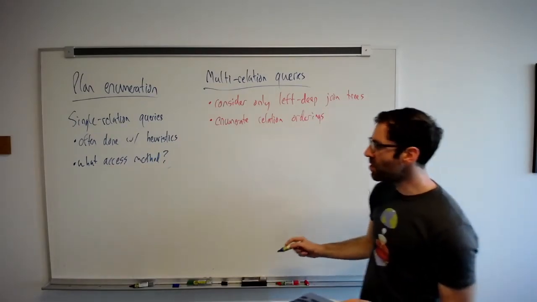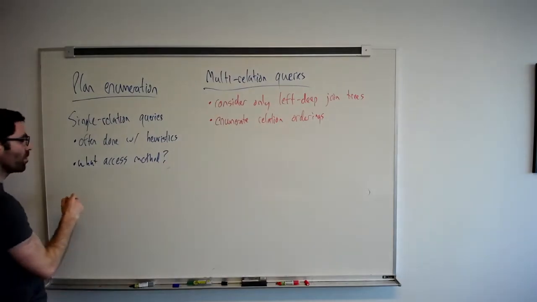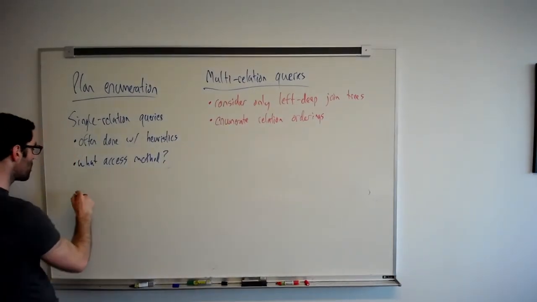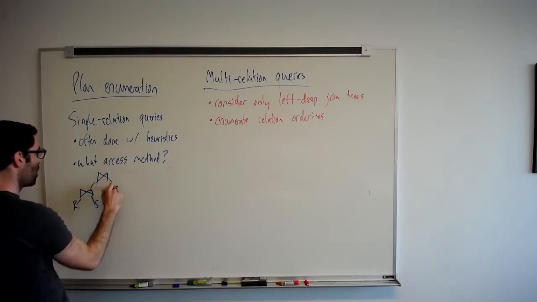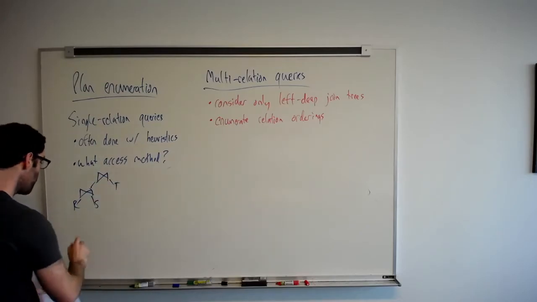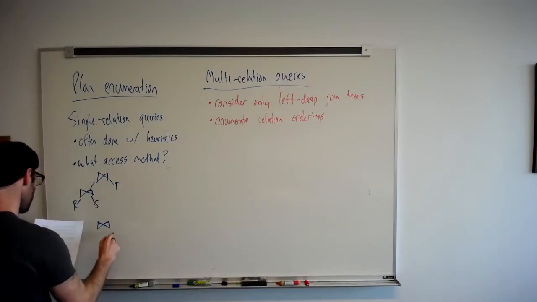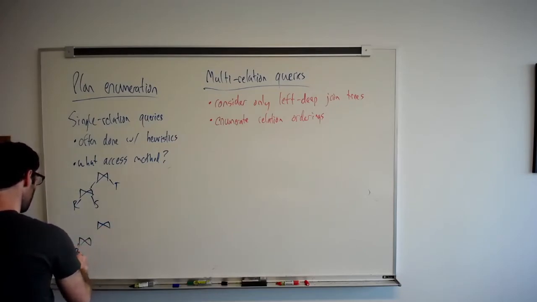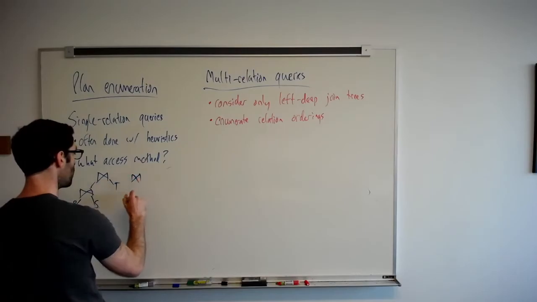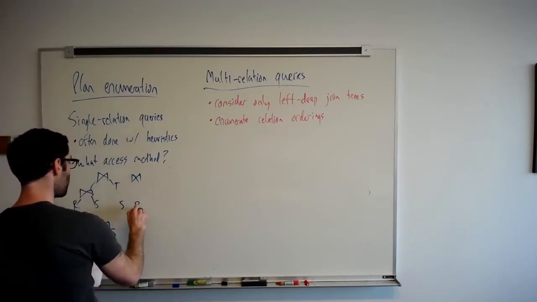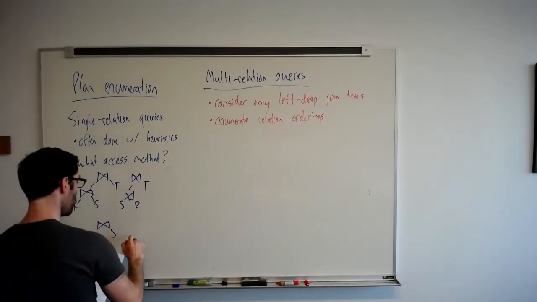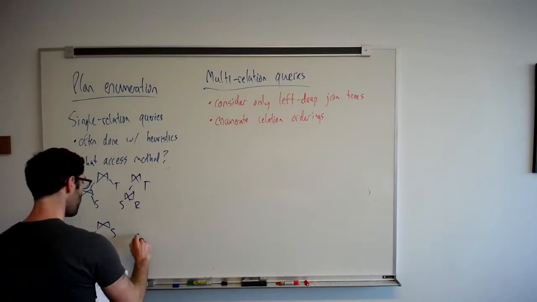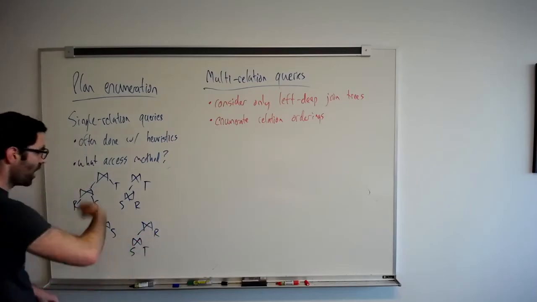So this means if we're, say, joining R, S, and T, 3 relations like this, we might join R and S and then T. We could instead join R and T and then S. We could join S and R and then T. We could join S and T and then R, and so on and so forth.